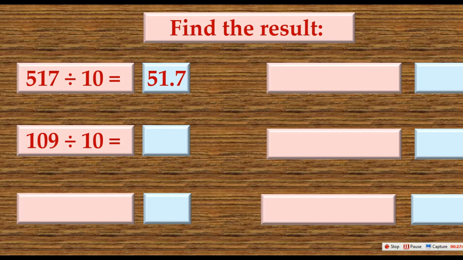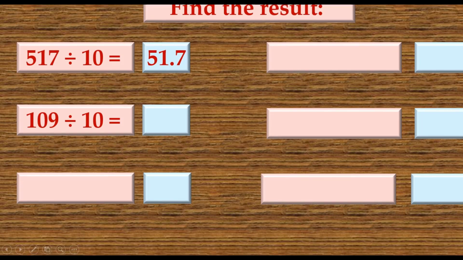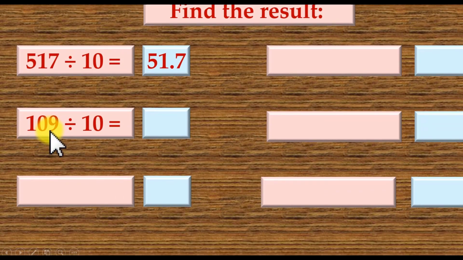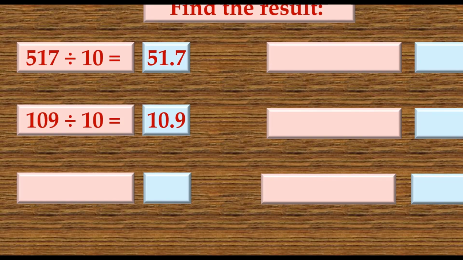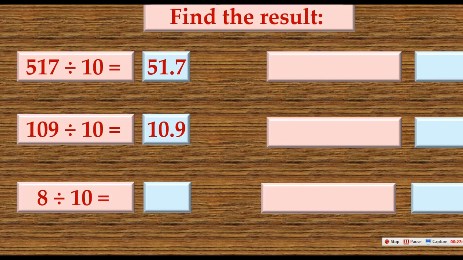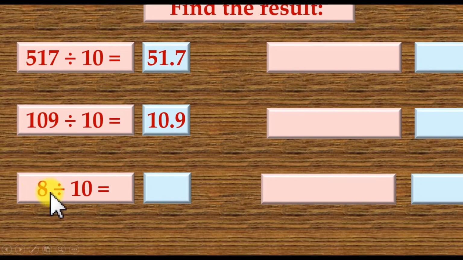Put the decimal point after one digit. هنحط الديسيمال بوينت بعد أول digit عندي اللي هو 9 يبقى الناتج 10.9. 8 divided by 10. Put the decimal point after one digit. هو one digit اللي موجود عندنا يبقى احط الديسيمال بوينت واحط 0.8.